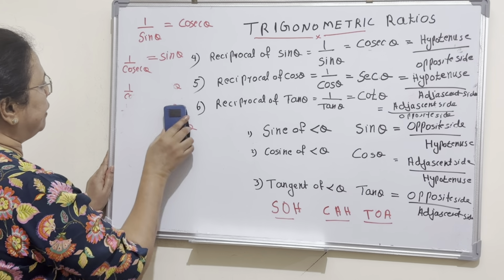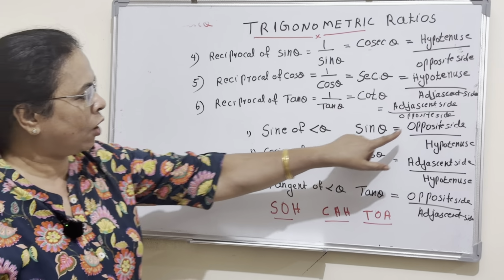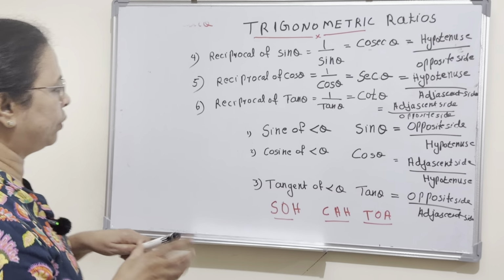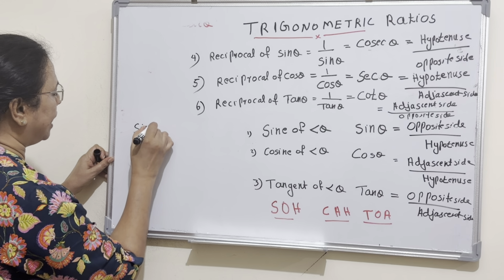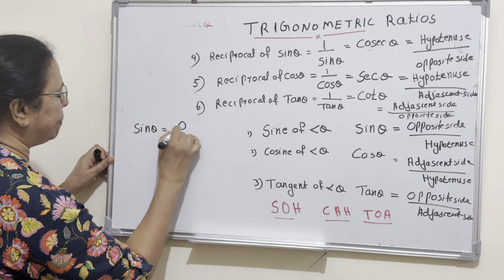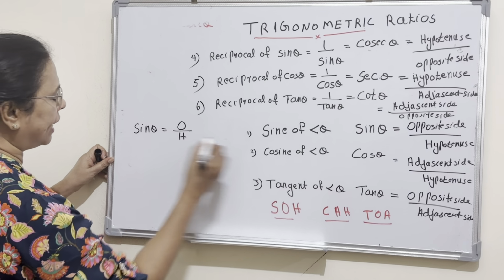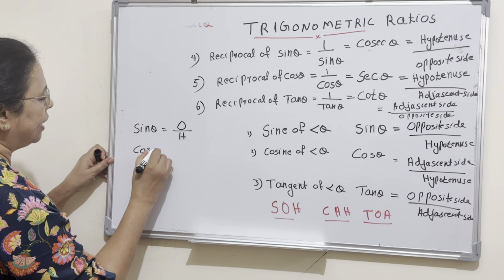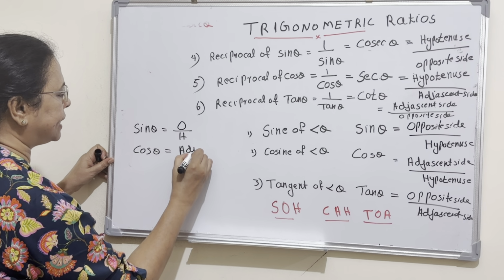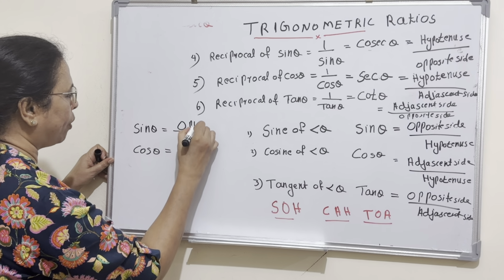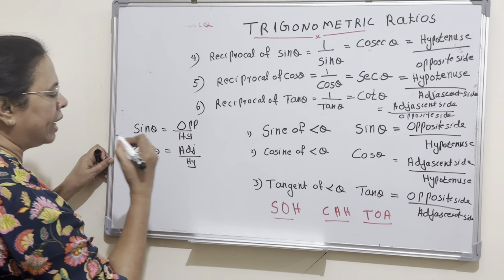Sine of the angle theta is opposite side by hypotenuse, I know that already. And cosine of the angle theta, that is cos theta, is adjacent side by hypotenuse.